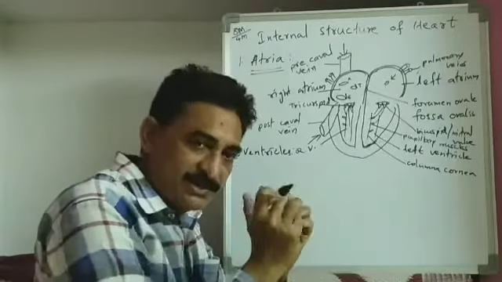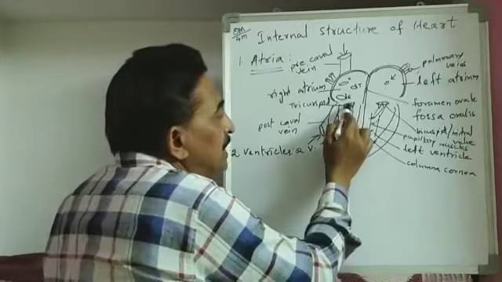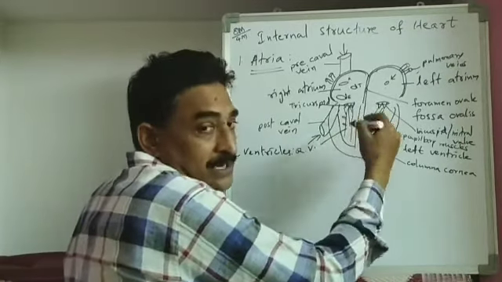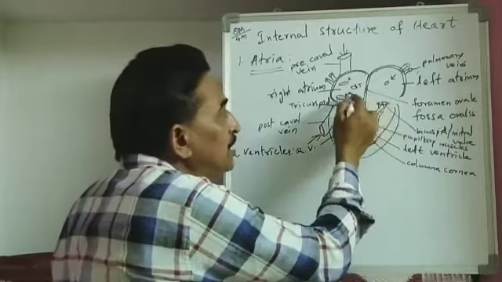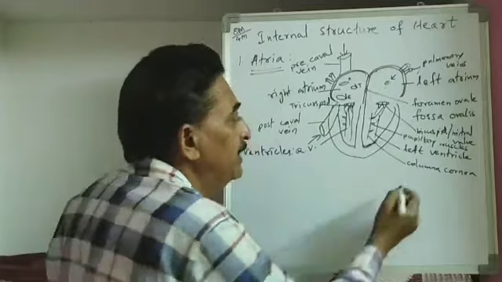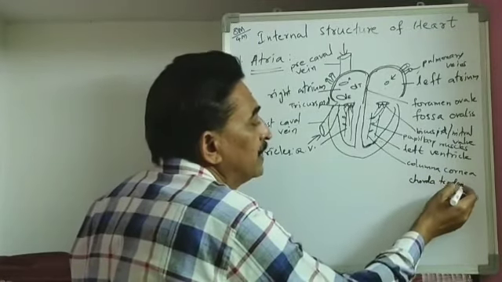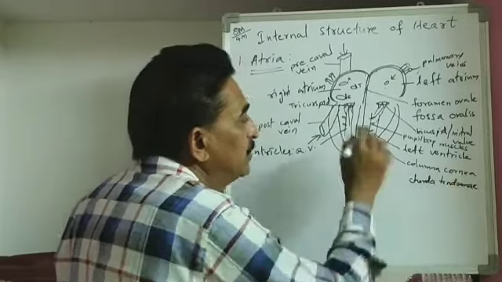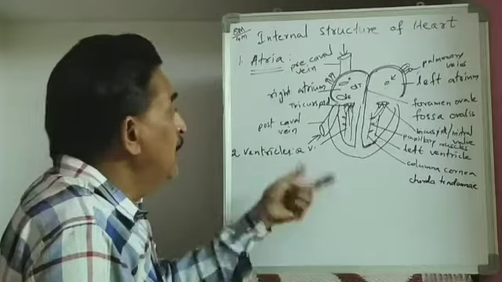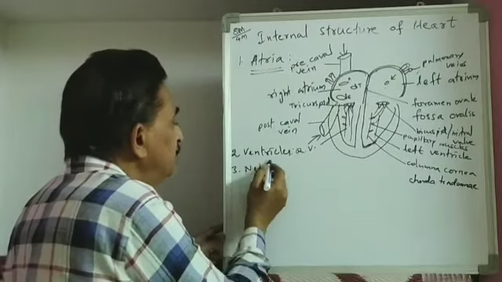During ventricular contraction, the tricuspid and bicuspid valves do not bulge out into the atria due to the presence of chorda tendineae. This is about ventricles.